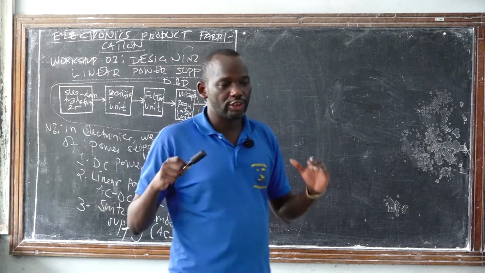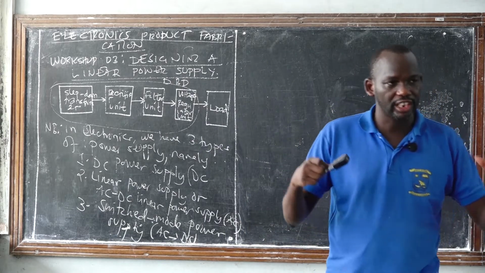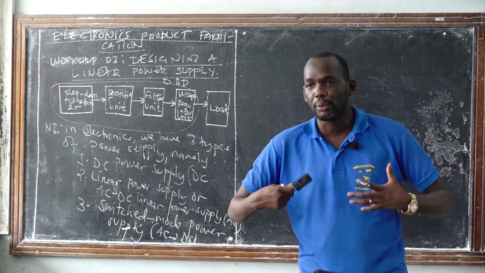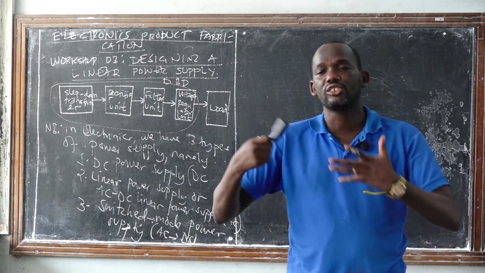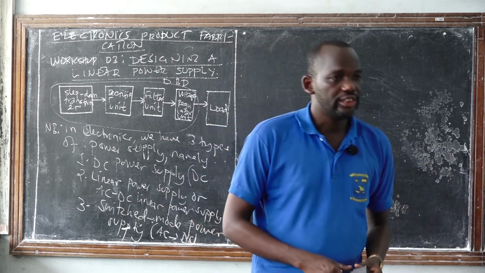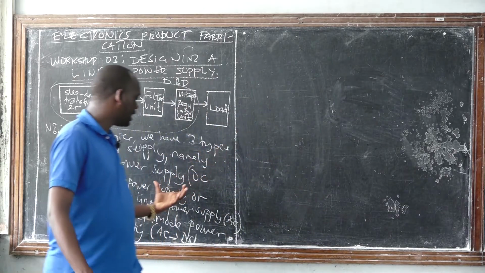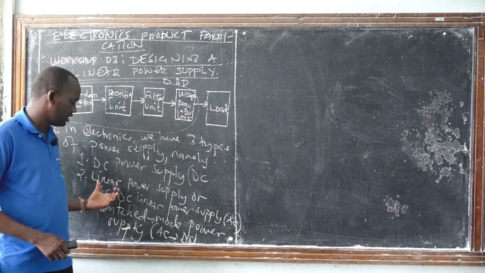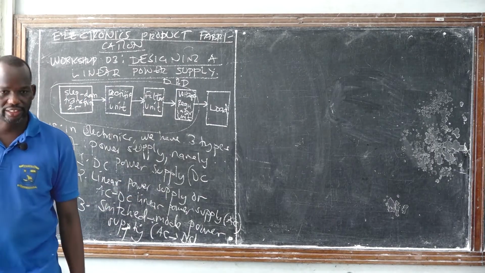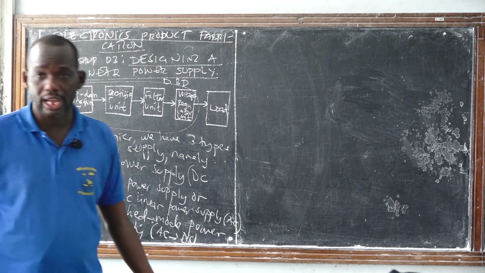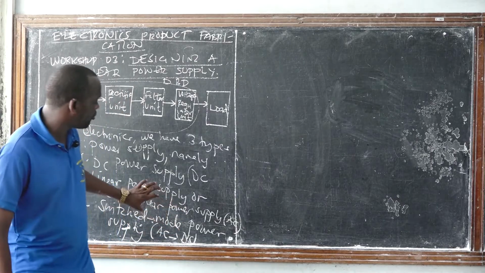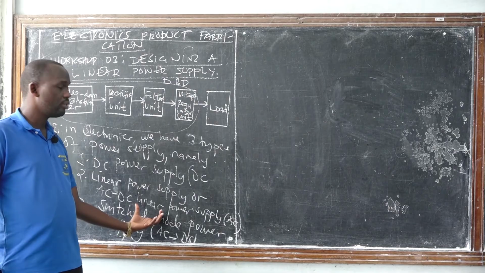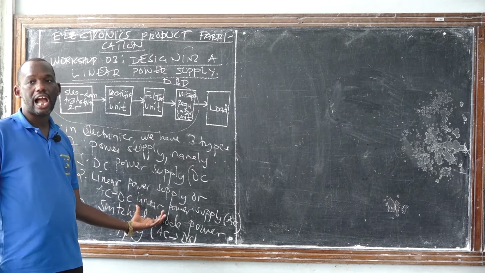But for the purpose of learning, electronics prototypes, and training students how to convert AC into DC, this is the case that we have to teach. In most electronics work, we use this linear power supply rather than switched mode. But it should not be limited. You have to master this, and once you master it, you learn the other one after a period of time.